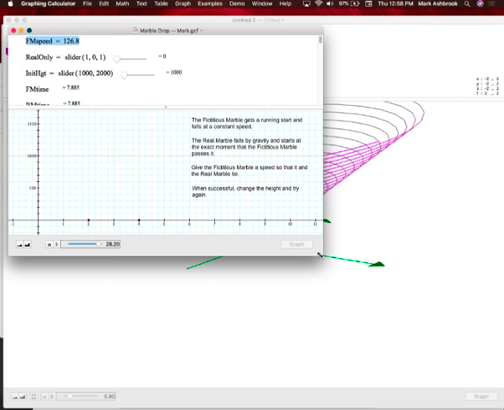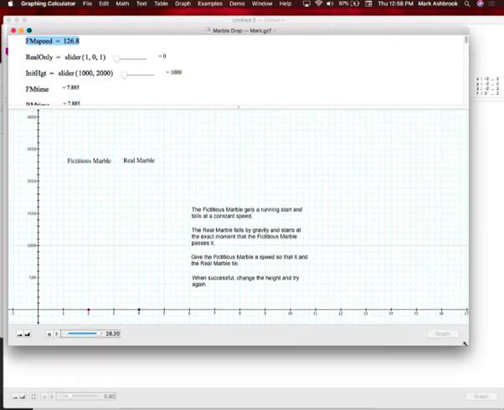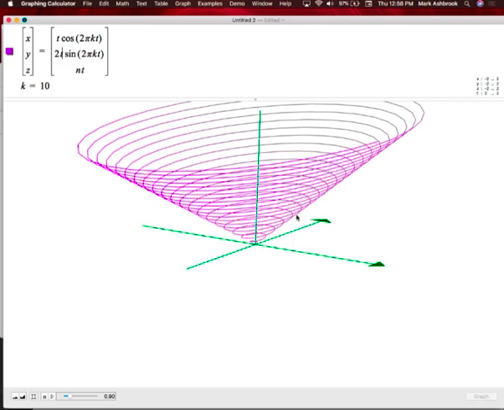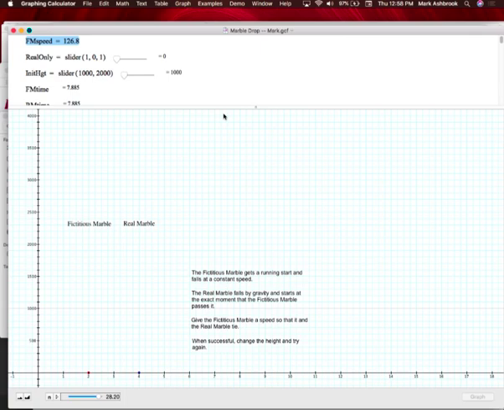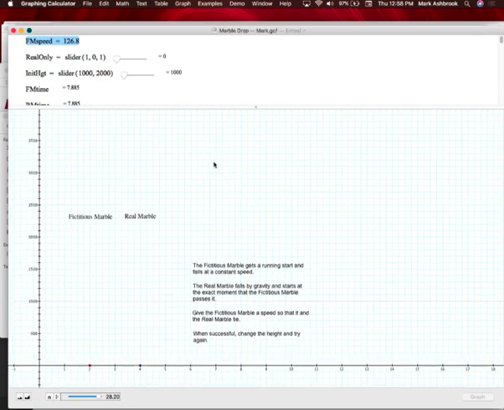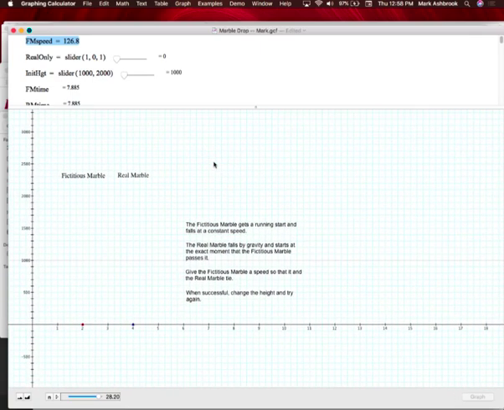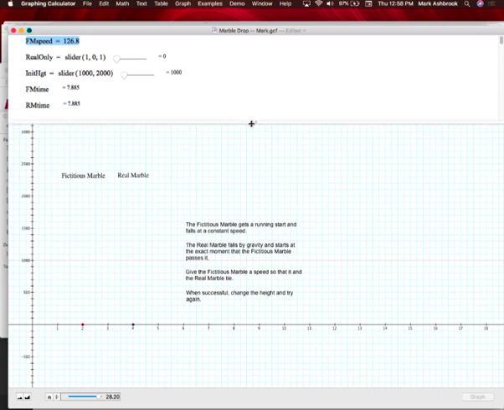Okay, so here's the marble drop. This is a cool file. Can you read that, or do I need to make it bigger?